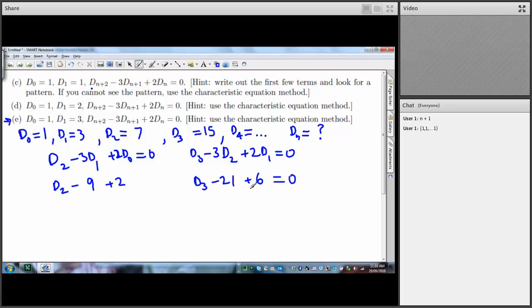So can you see the pattern? Maybe you can. The goal for this is to work out what D to the n is equal to. Now there's a pattern here you might be able to see, or you might not.